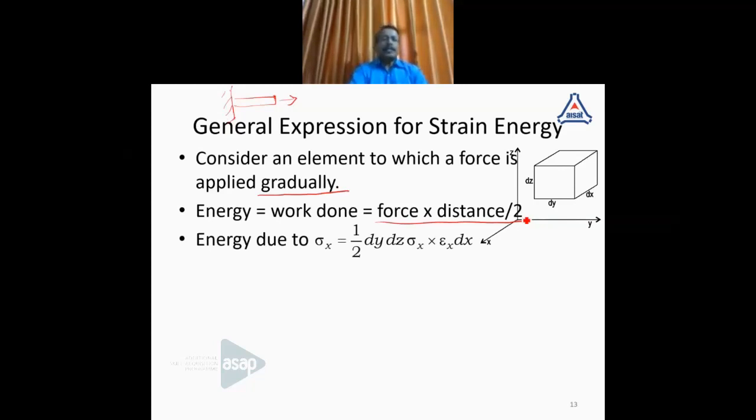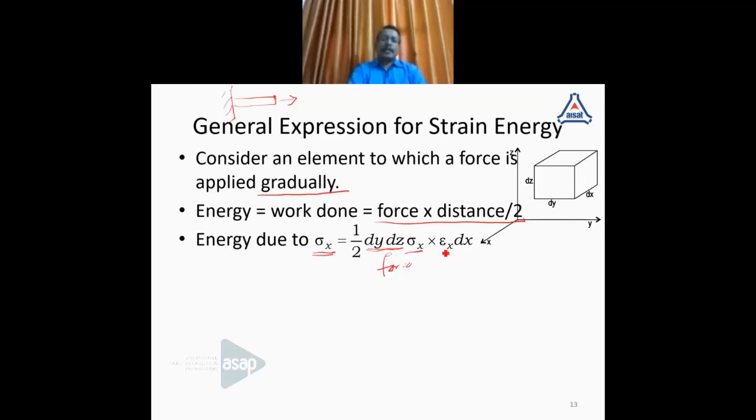So here the energy due to sigma x, the load applied in the direction of x: dy into dz is the area of cross section of the surface perpendicular to the x direction. Area into stress becomes force.